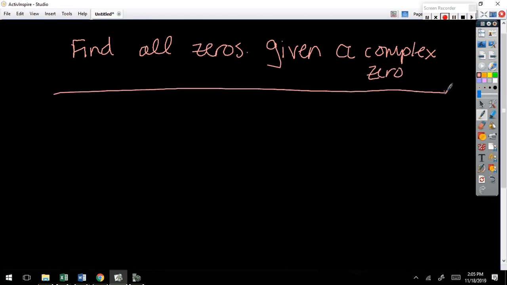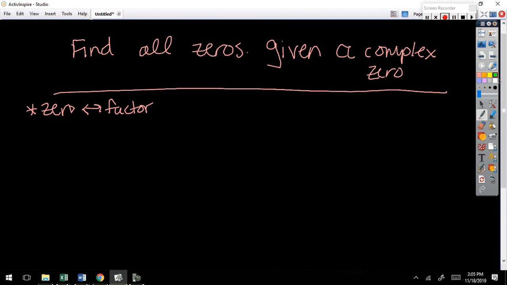But here we're going to be given a complex zero, so it is key to remember that when you have a zero, you also have a factor, right? And I say that all the time, but to have one is to have the other, and so you have to make that connection between the two. So let's say that I have this equation.